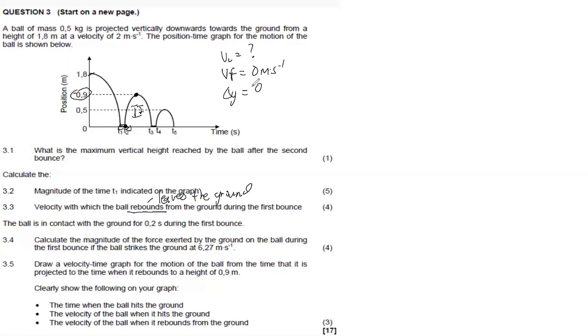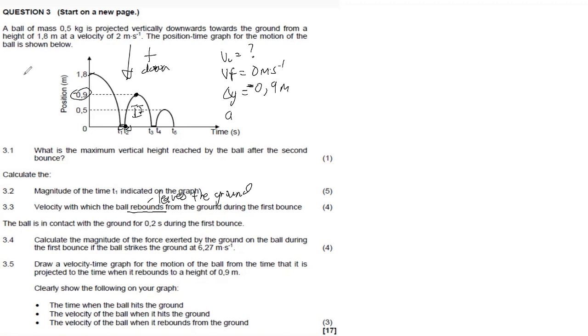So we have our delta Y as 0.9 meters. But if we are to consider our positive direction as downward, then if we are to consider that initially we chose downward as positive, then we have to understand that our delta Y now needs to be negative 0.9.